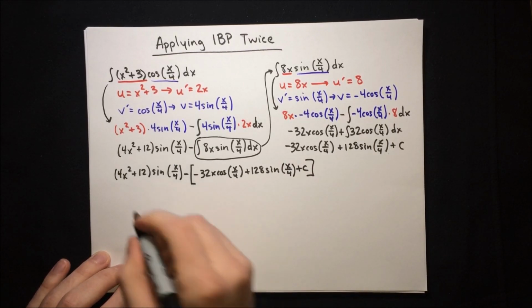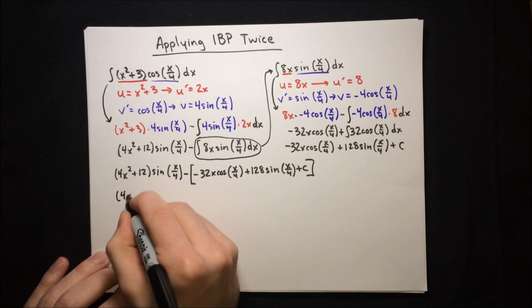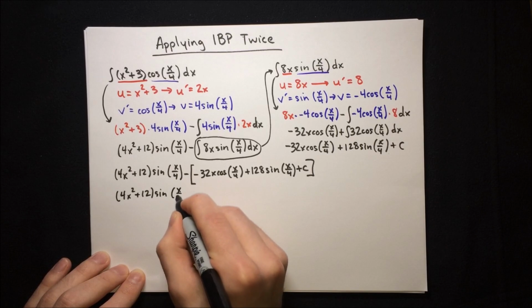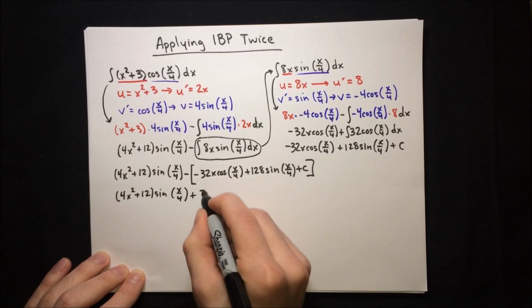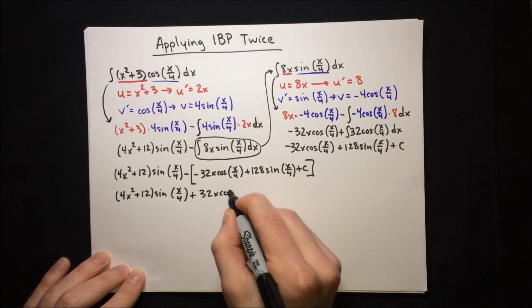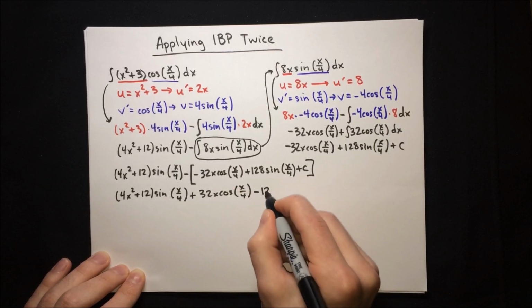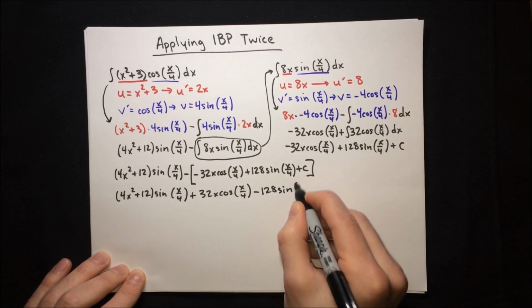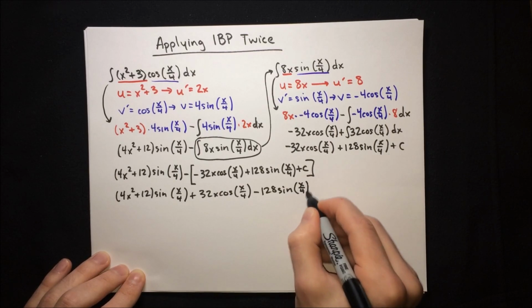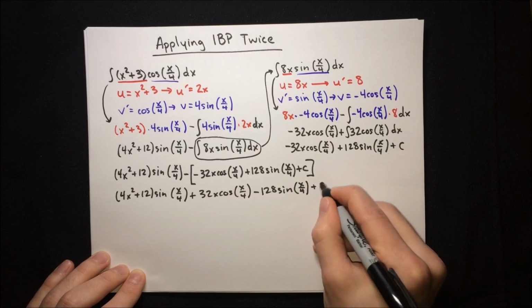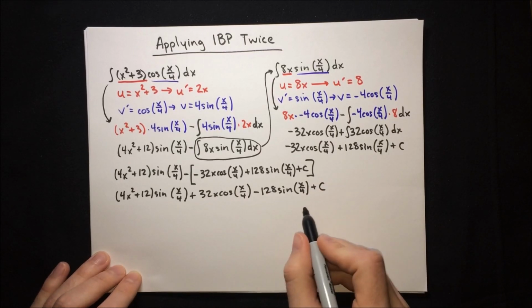And now we'll just distribute that negative sign. So 4x squared plus 12 sine x over 4, then plus 32x cos x over 4, then minus 128 sine x over 4, and then minus c, but c is just any constant, so we can just keep it as plus c to represent any constant.